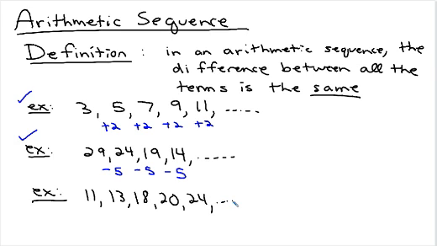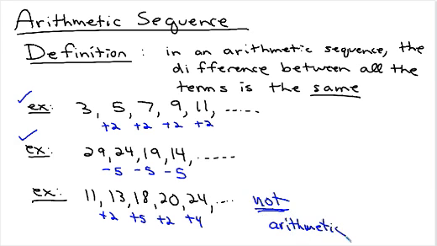Is that one an arithmetic sequence? It's not, because we're going up by 2 here, and then 5 here, and then 2 here, and then 4 here. This one is not arithmetic. Those questions should be fairly easy. Remember, if they give you decimals, you can just grab the calculator and find your differences.